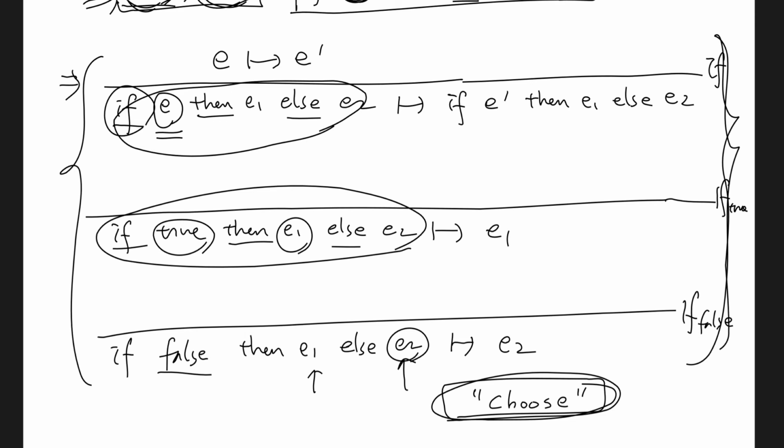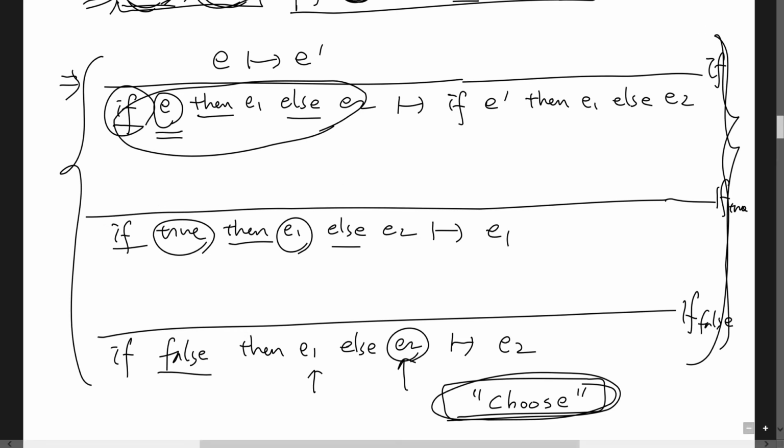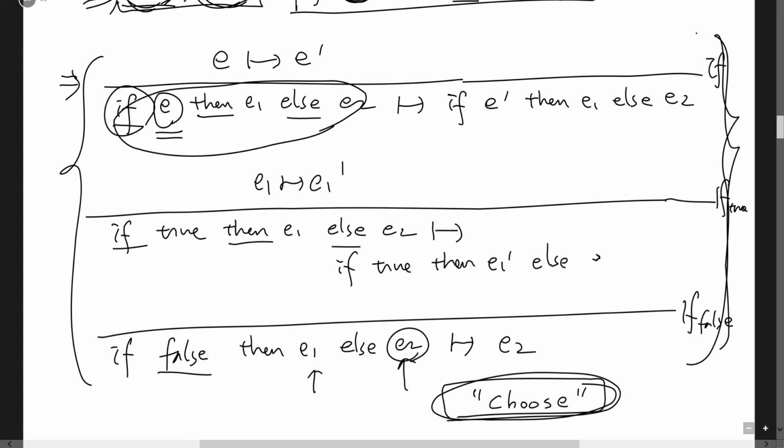So for instance, although we are not going to discuss this reduction rule, in this case, if expression E1 reduces to E1 prime, you might actually choose to keep everything here.